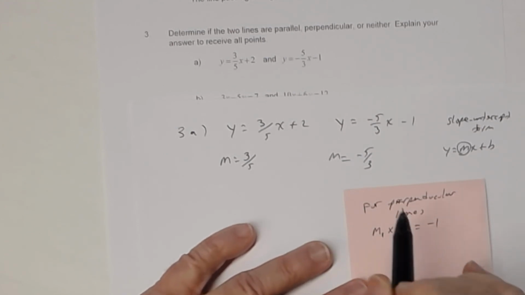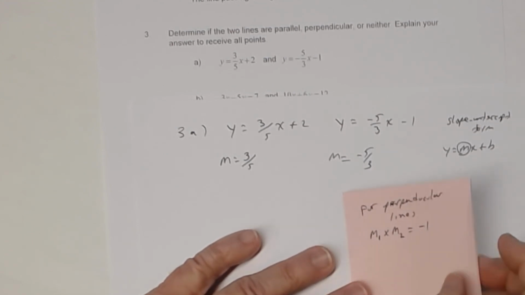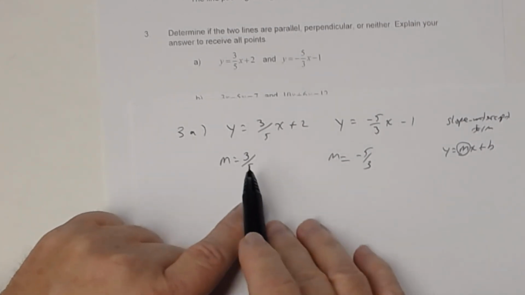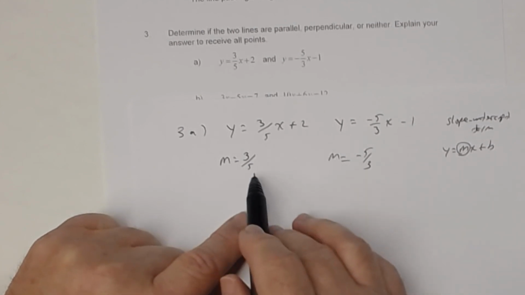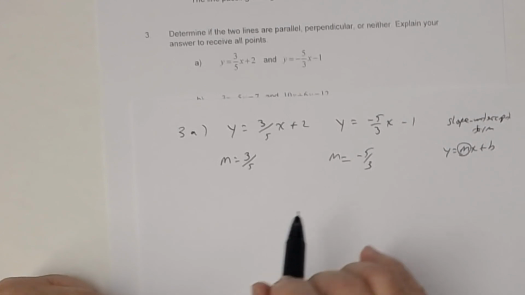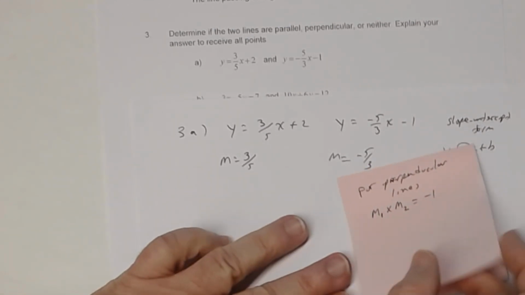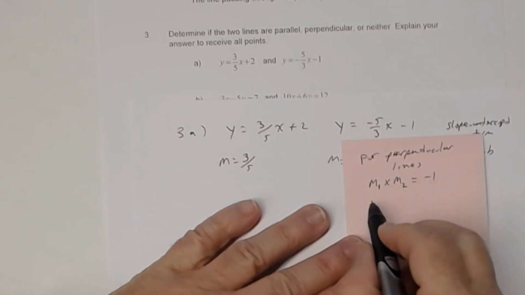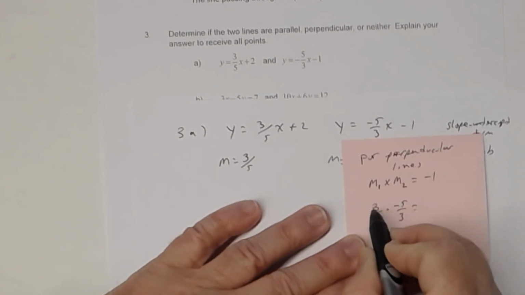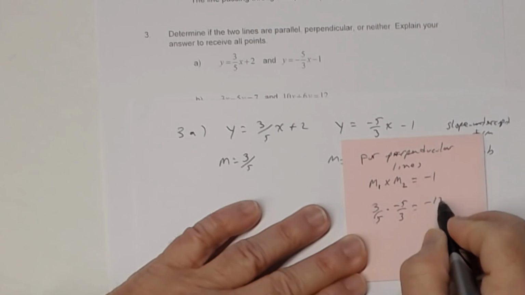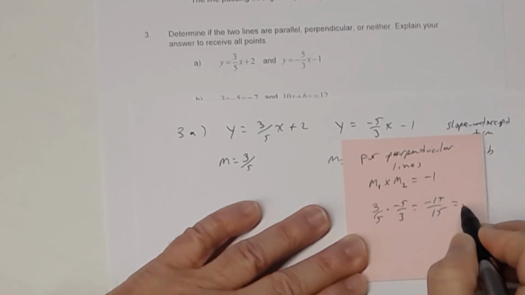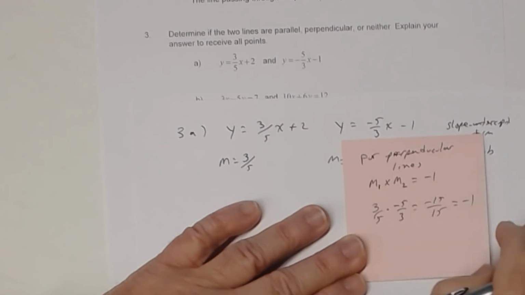If you get a negative 1, then the lines are perpendicular. That's another way of looking at it. You didn't have to do that, but notice that 3/5 and negative 5/3 are negative reciprocals of each other. Because if I actually did multiply them, 3/5 times negative 5/3, 3 times negative 5 is a negative 15, 5 times 3 is a positive 15, and negative 15 divided by positive 15 is a negative 1.